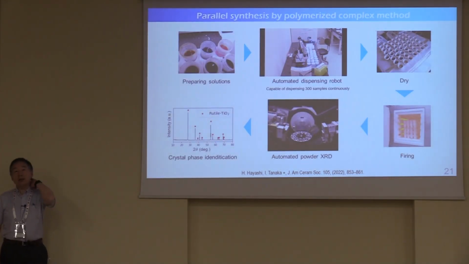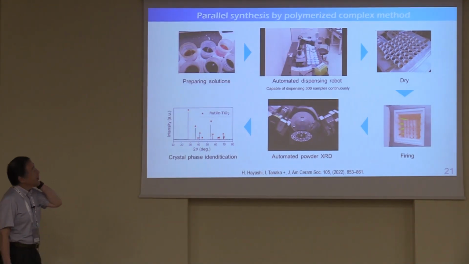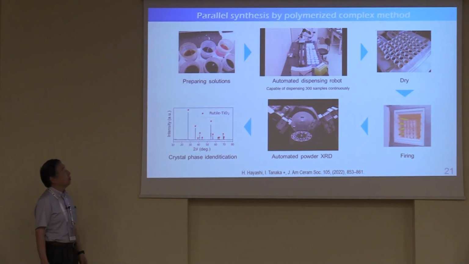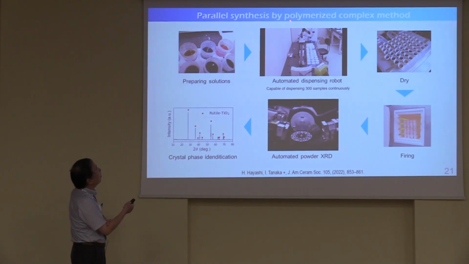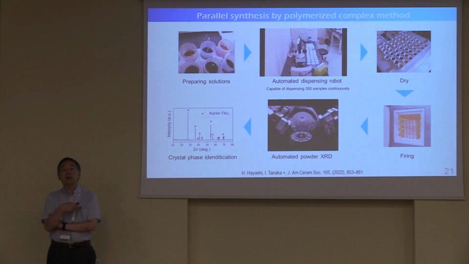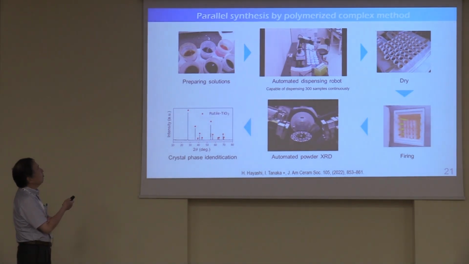This is our weekend kitchen to try to synthesize materials in a parallel fashion. And this is called the polymerized complex method. The chemists may know this method, but if you're not familiar, let me explain a little bit.